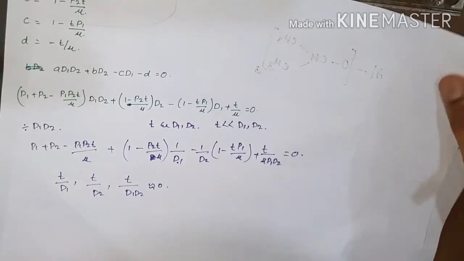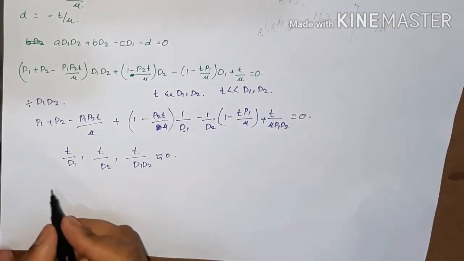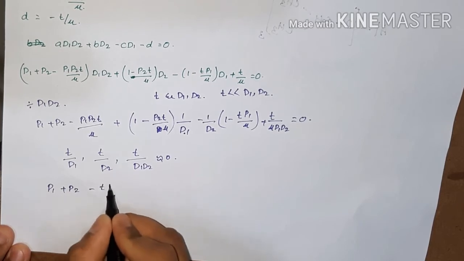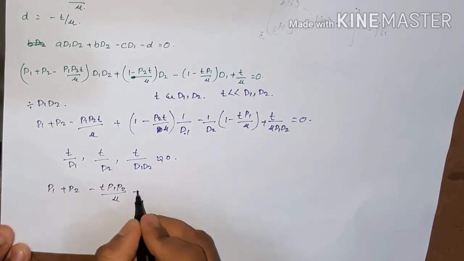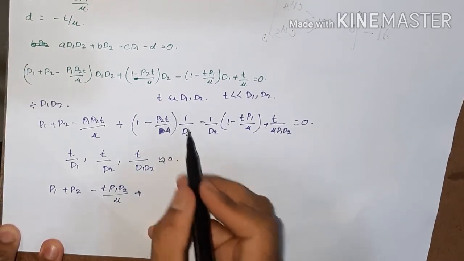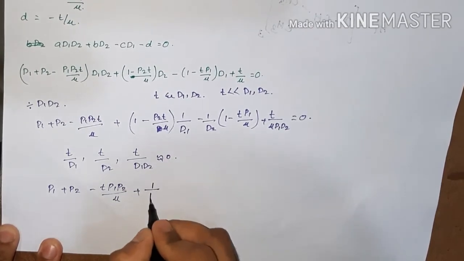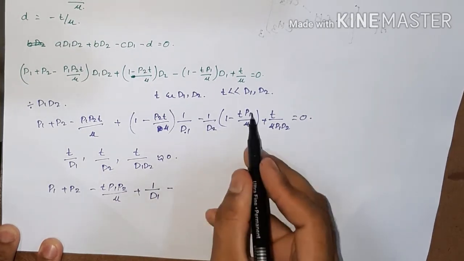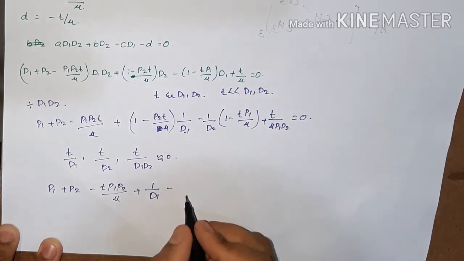So this equation will take the form p1 plus p2 minus t p1 p2 divided by mu, plus this whole term will go to 0 when multiplied, t by d1 is 0, plus 1 by d1, minus this term also will go to 0, the t by d2 term, and this 1 into 1 by d2 term will exist.